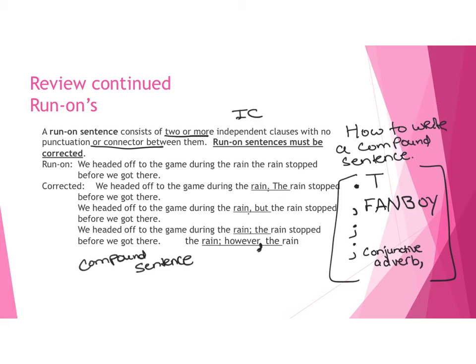And a period, capital letter, comma, fanboy conjunction, a semicolon, or semicolon conjunctive adverb, and a comma. And make yourself those notes so that you can flip back to that every time I ask you between now and May. Okay? So this is your compound sentence.